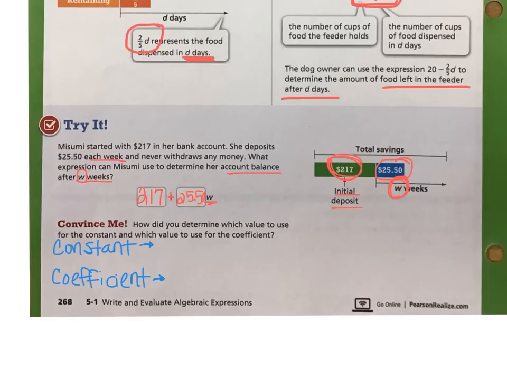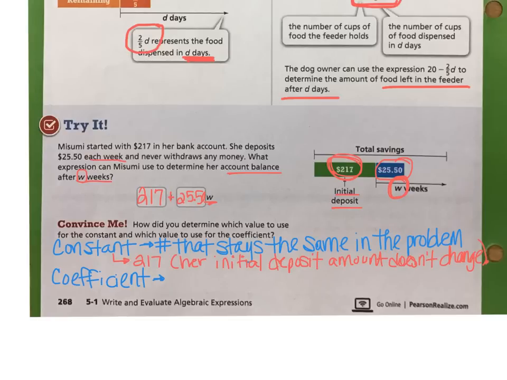In the convince me statement, they ask us how did we determine which value to use for the constant and which value to use for the coefficient. So these are two new vocabulary words that we need to be able to define. For this problem, the constant is the number that stays the same in the problem.